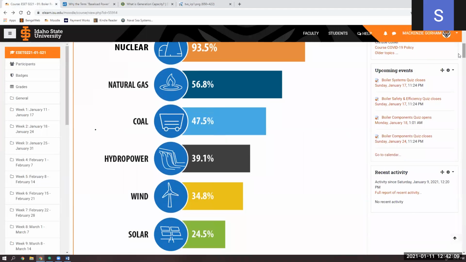So this sheet right here, for all the nuclear power plants in the United States, how often are they at 100% power? 93.5% of the time. For natural gas, it's 56.8. That might be because 70% of the time, natural gas plants operate at 70% power, right? And then they have a little bit above and below.